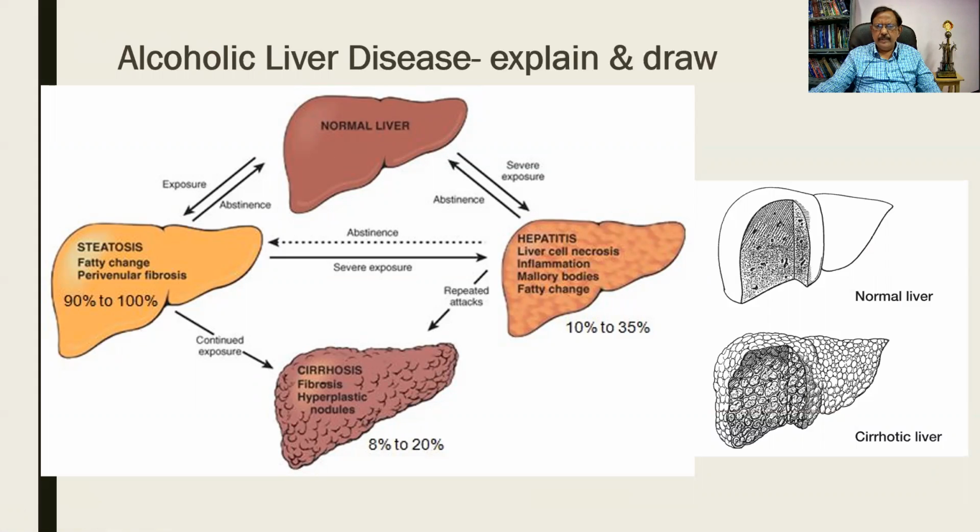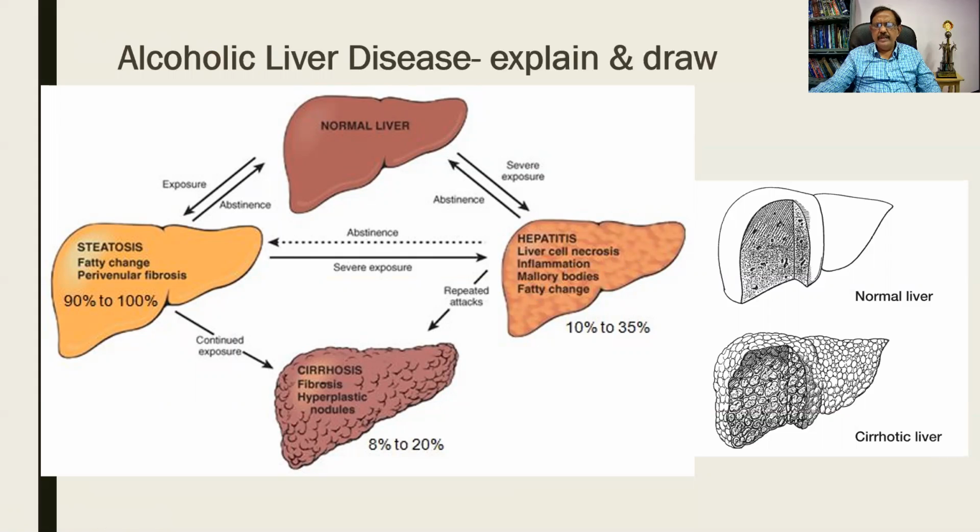And when there is a continuation of the alcoholism, it can go into the second stage, namely hepatitis, in which there are destruction of the hepatocytes, inflammation, and there can be fibrosis leading on. There will also be what is called a Mallory body, which are inclusions seen within the cytoplasm.